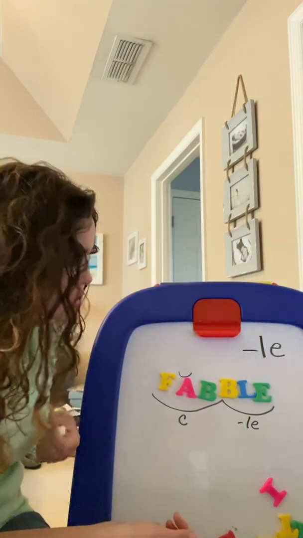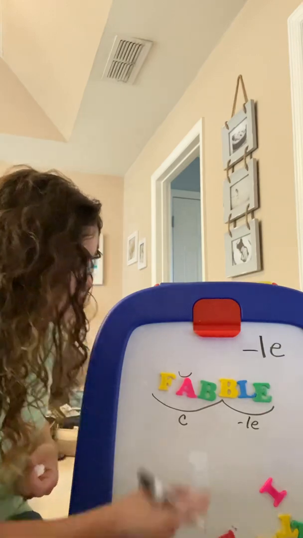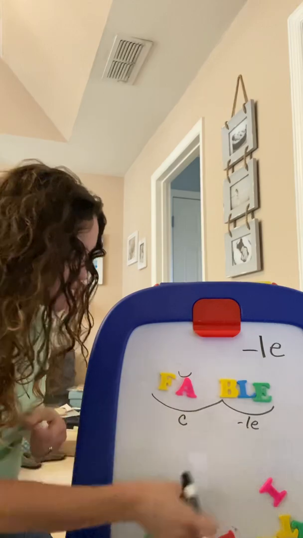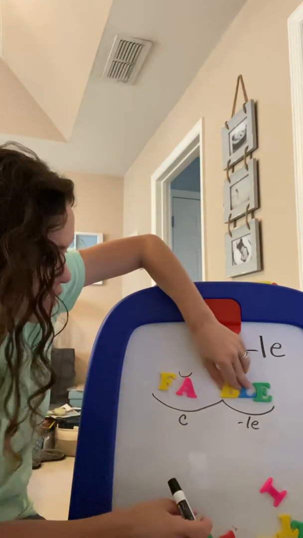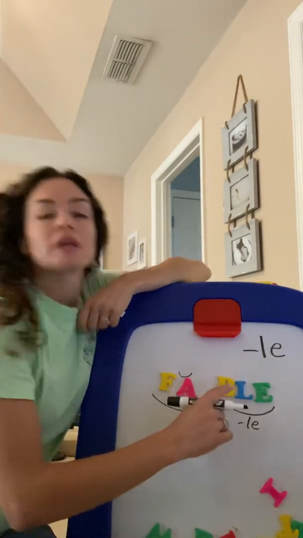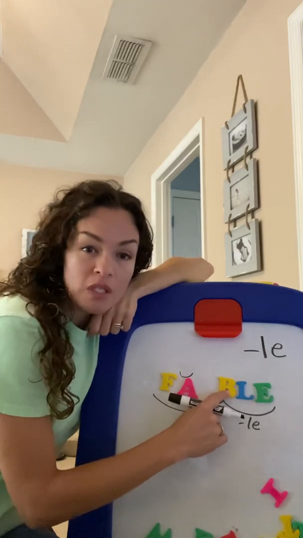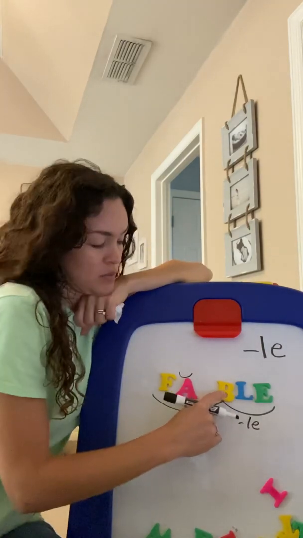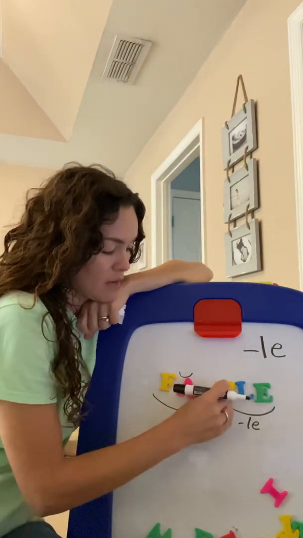Fable. Is that correct? No, Miss Cooper. I need this one to say its name, so I actually have to take a B away. This B is going to stay here because of my new syllable type. I have my consonant, B is a consonant, L-E.